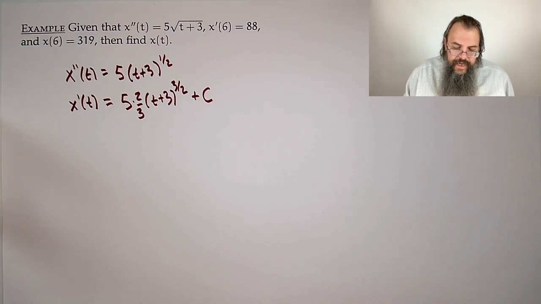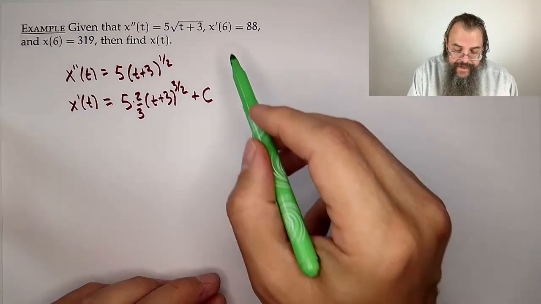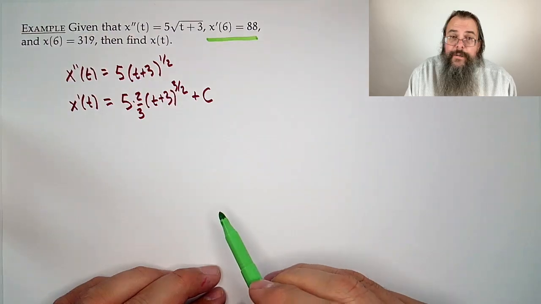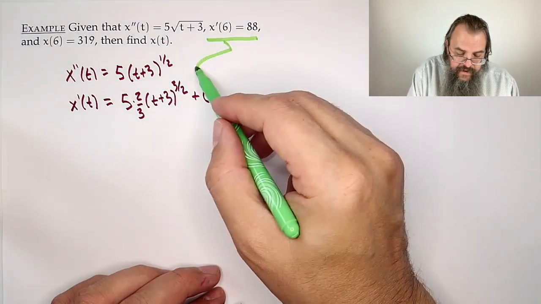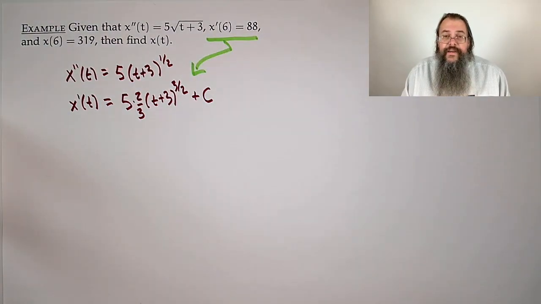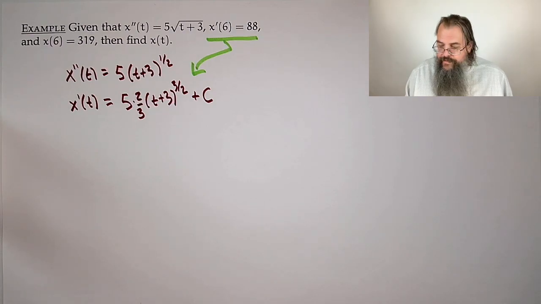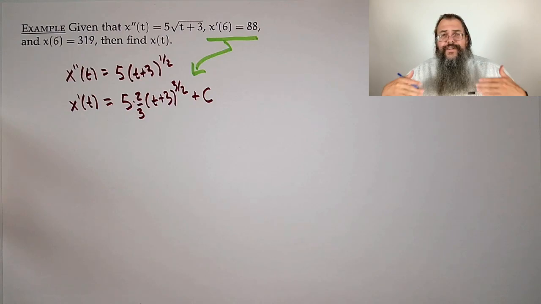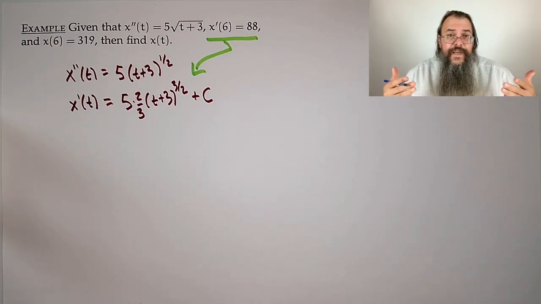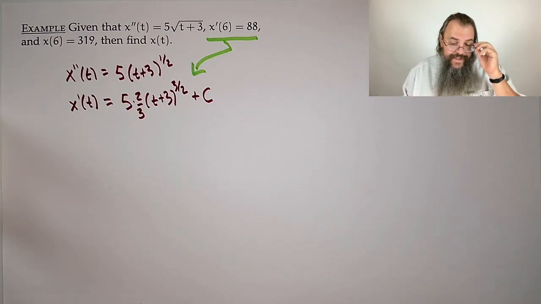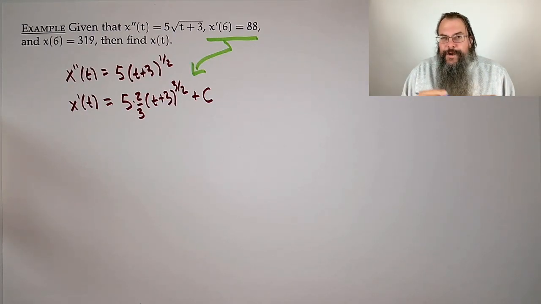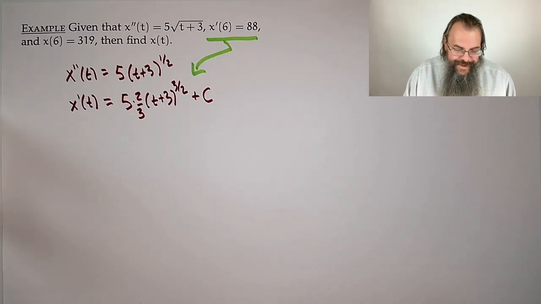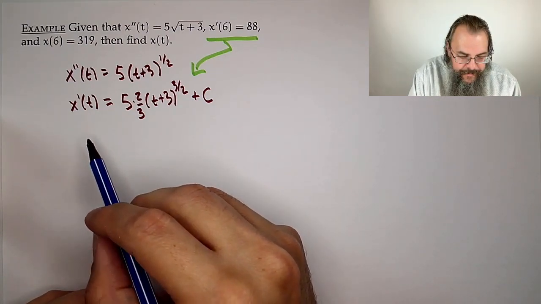So in other words, we say, hey, we know something about x prime. Namely, x prime of 6 is 88. So we want to plug that in and use that to help us solve for our constant as soon as we can. Generally speaking, it's good to solve for constants early when possible. As early as possible is the ideal.